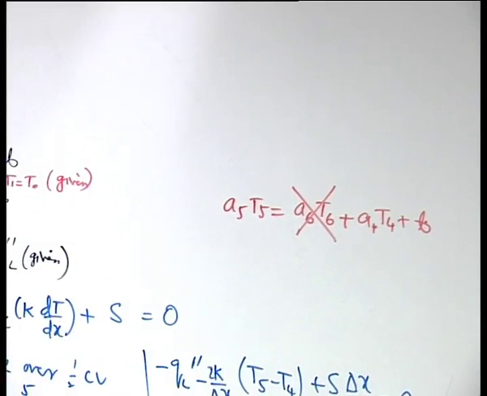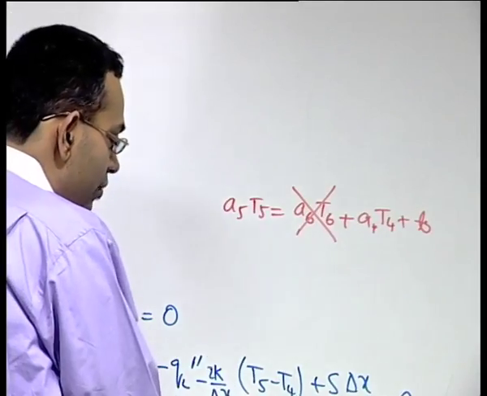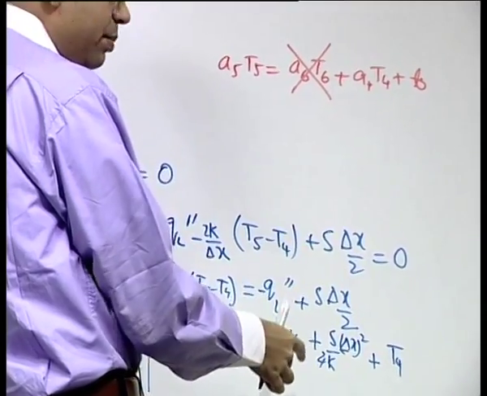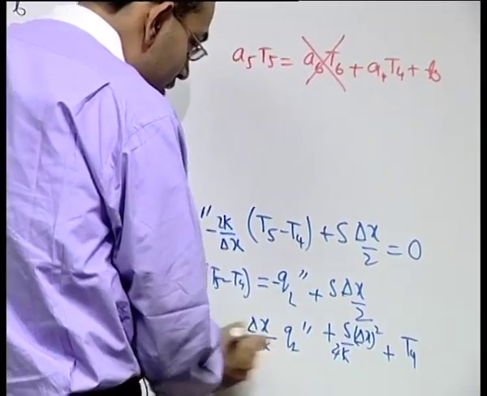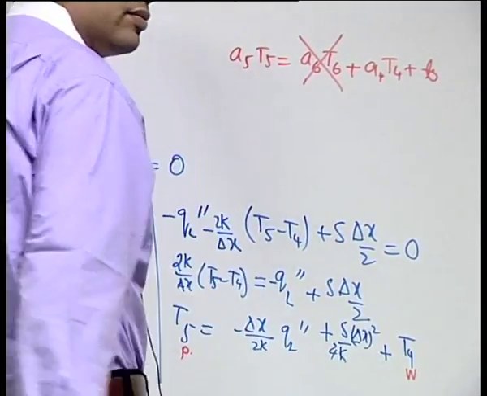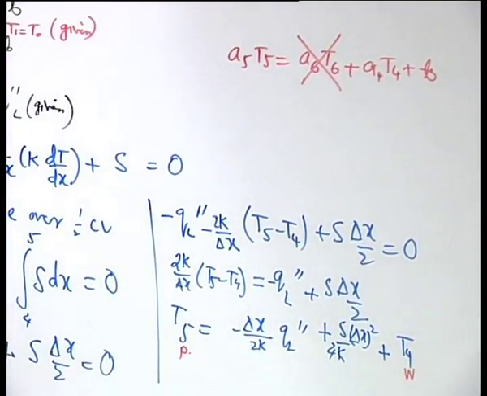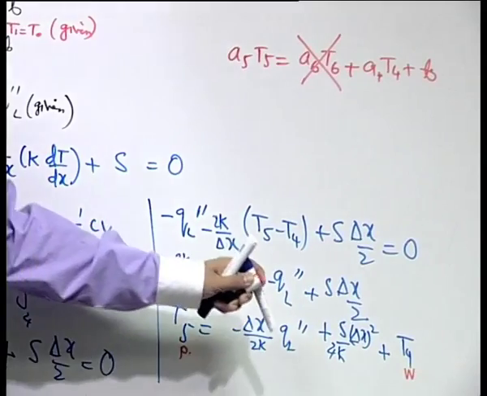The whole purpose of this is to show that this is also of the form AP TP equal to AE TE plus AW TW plus B, where P is this one, W is this one and the remaining is B. A5 and A4 are 1 in this case.